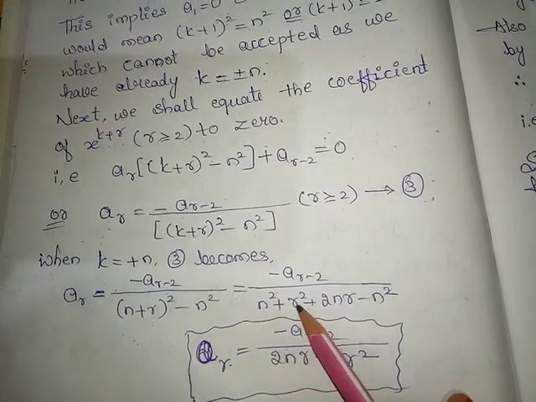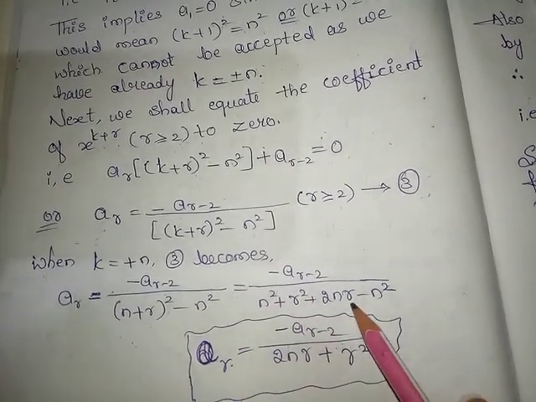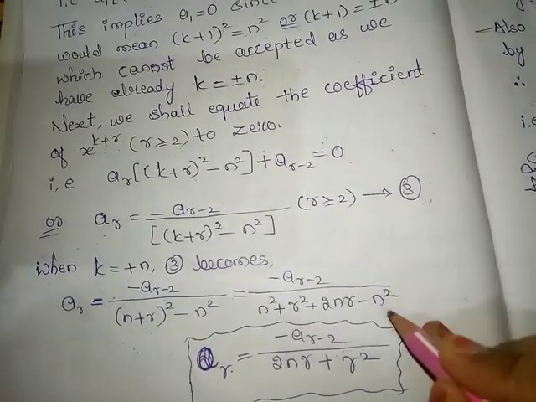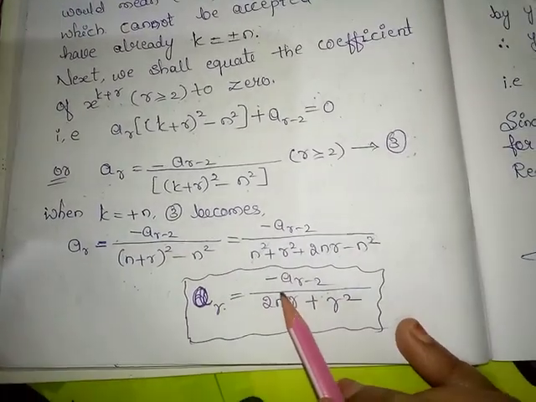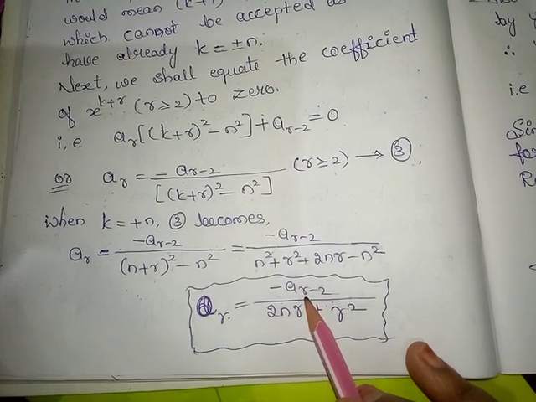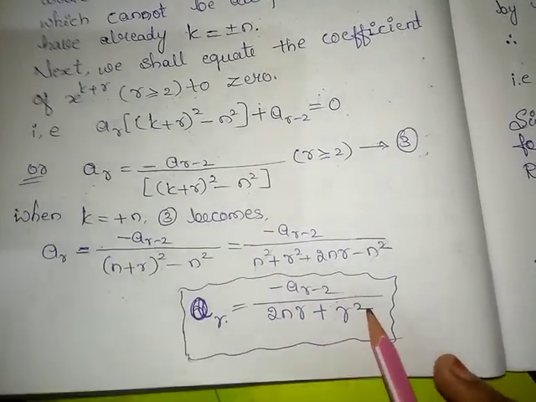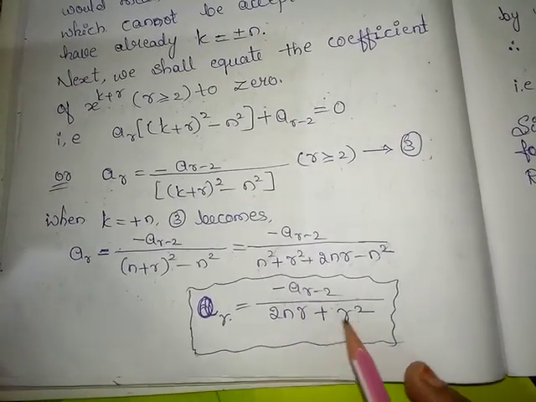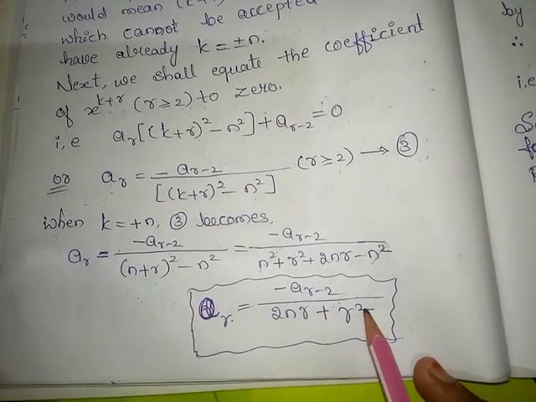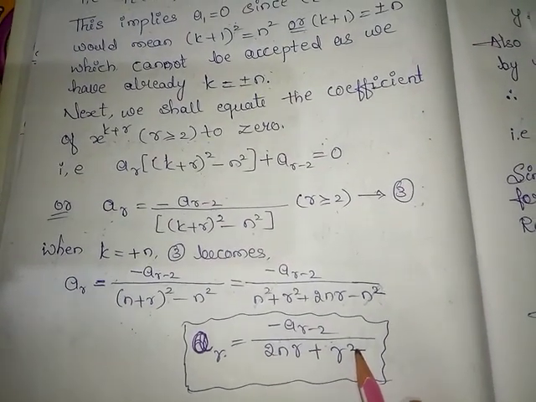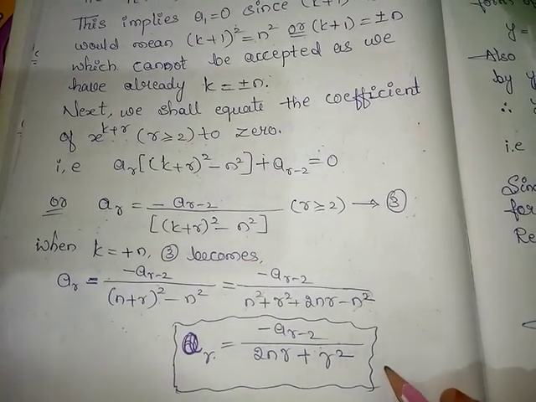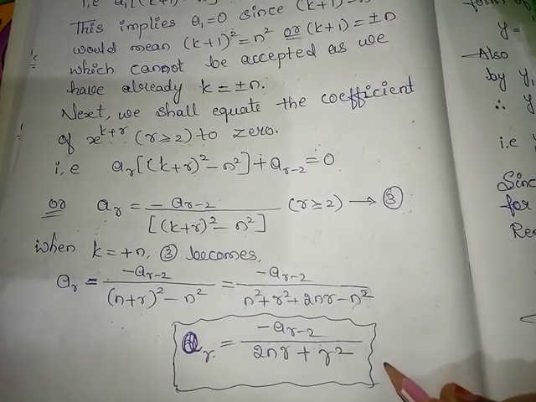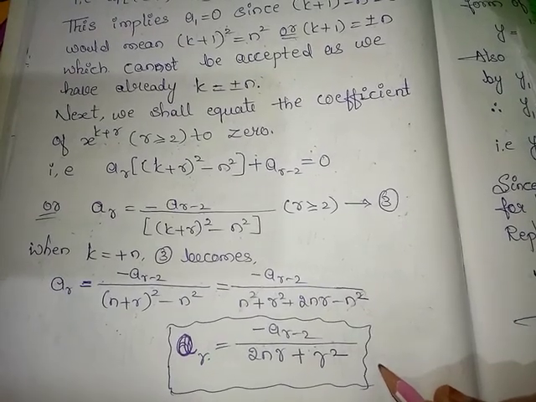We have n² + r² + 2nr − n², the n² and −n² get cancelled. The remaining is −a_(r−2) divided by 2nr + r². This will be our recurrence relation to find the further constants, that is a2, a3, a4 and so on.